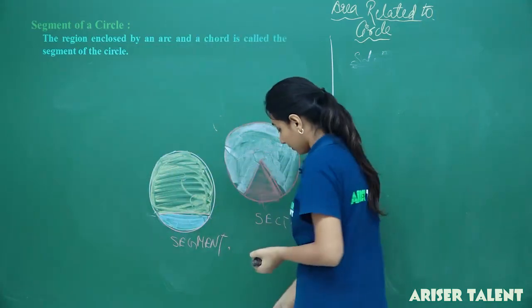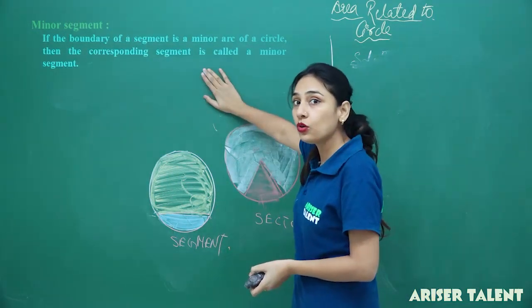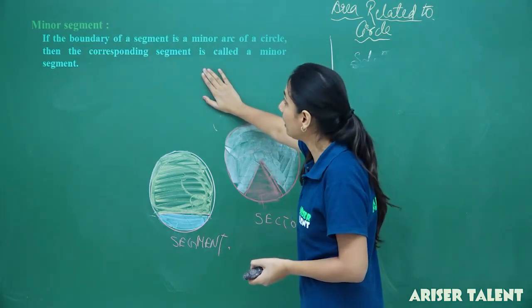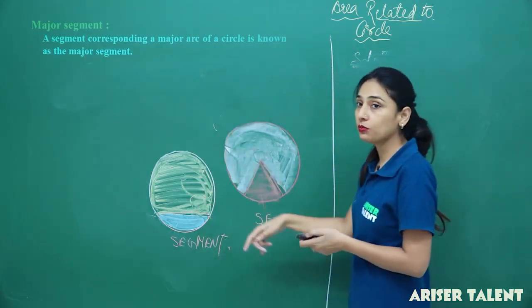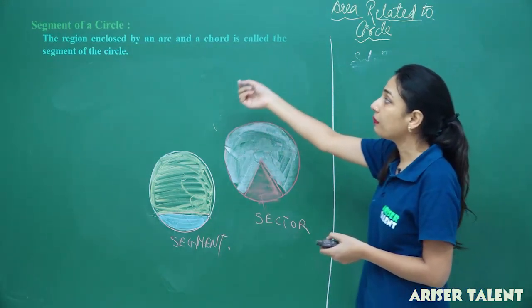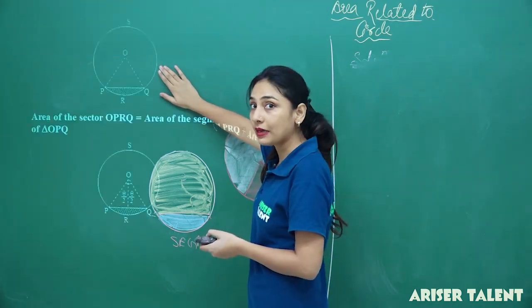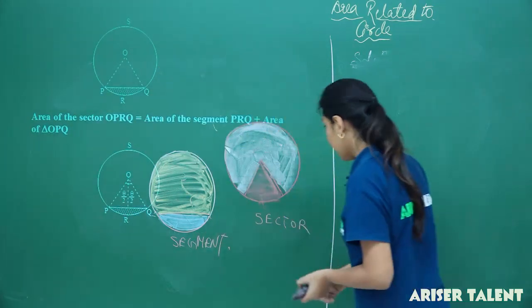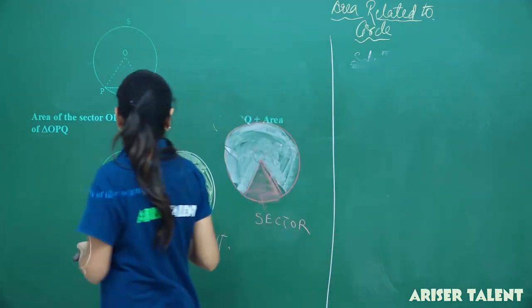Now moving forward, minor segment I have told you, the minor portion, okay, and the major segment, the segment corresponding of a major arc. So minor arc will be having the minor segment and the major arc will be having the major segment, right?